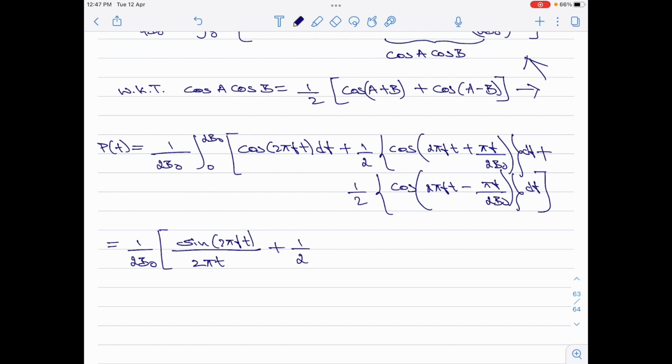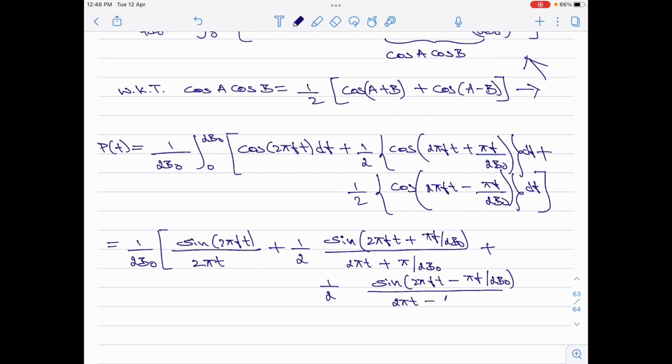So, this would be equal to, then plus the same applies for cos 2 pi f t minus pi f by 2 b naught. So, therefore, it would be equal to, this is over the interval 0 to 2 b naught.